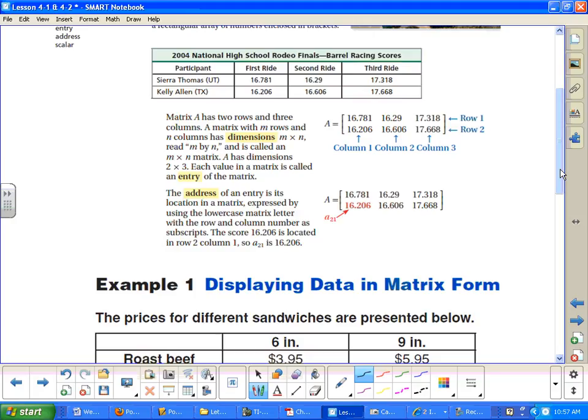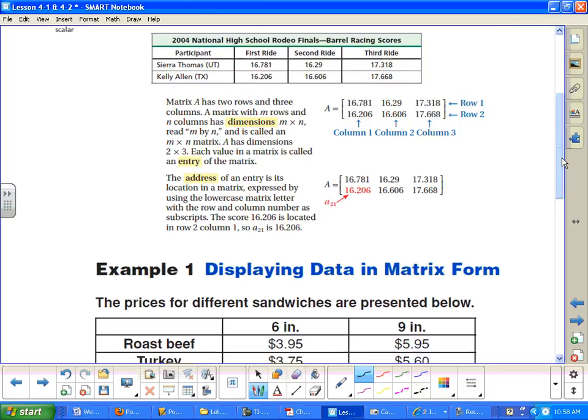So they would put lowercase a and 21 there, the 2 representing the row, 1 representing the column. And over here where they've got 17.668, that would be A sub, because you're going to put it as a subscript, 23. All right, so the address there would be A and then 23 for the 17.668.